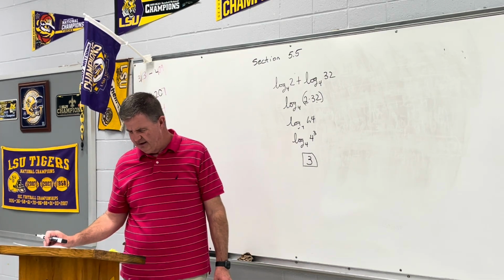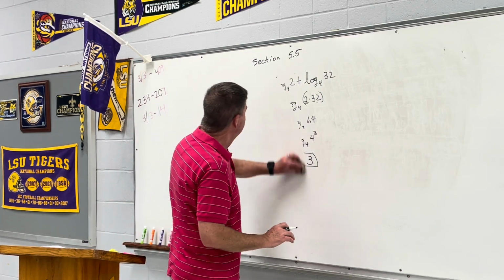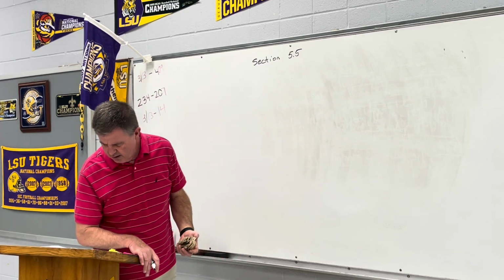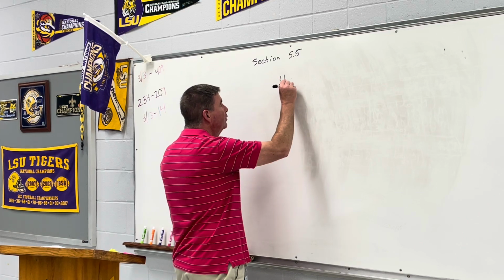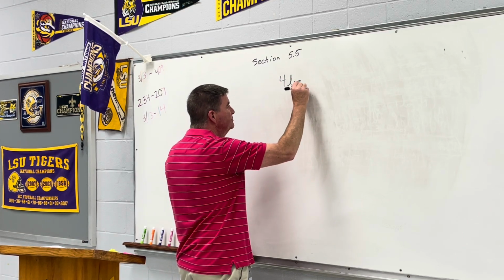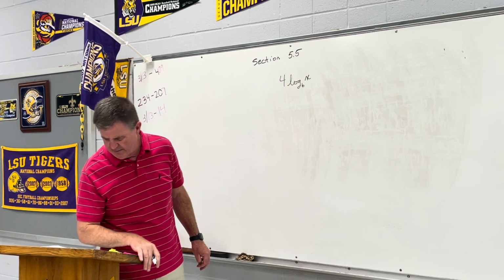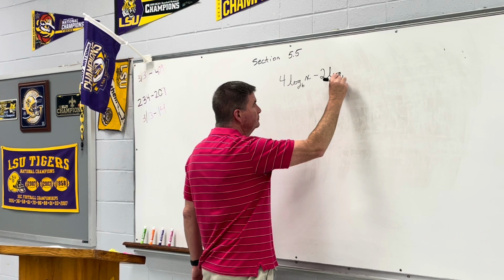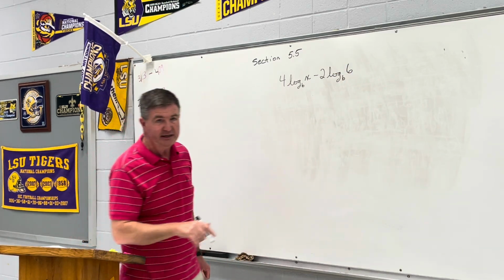And finally, we may have one that looks like this. 4 log base b of x, minus 2 log base b of 6, minus 1/2 log base b of y.